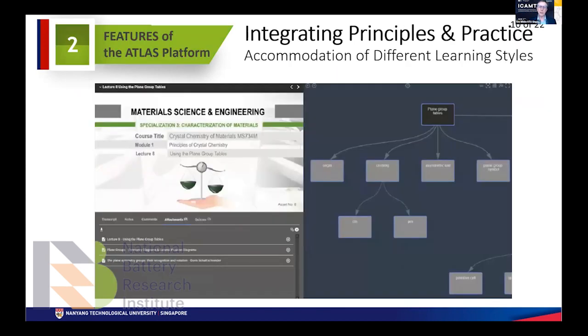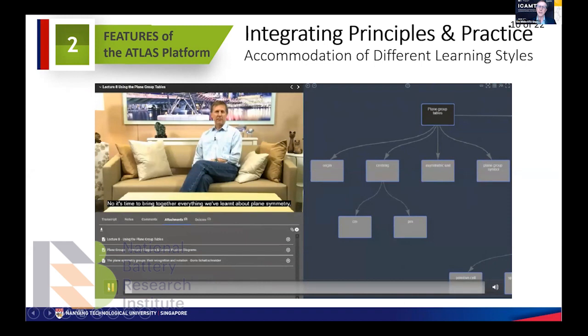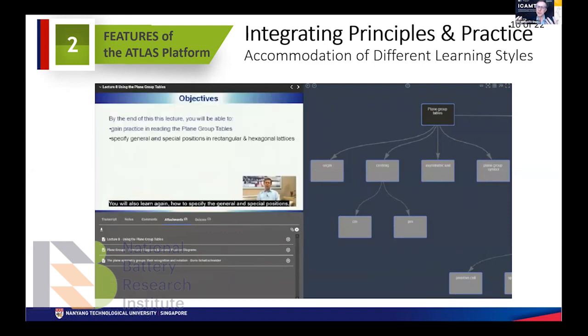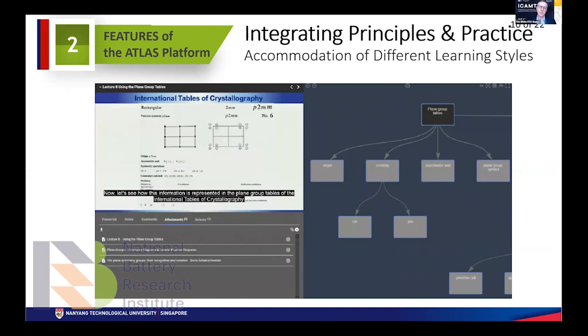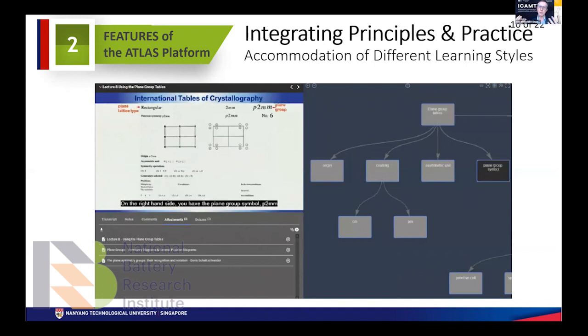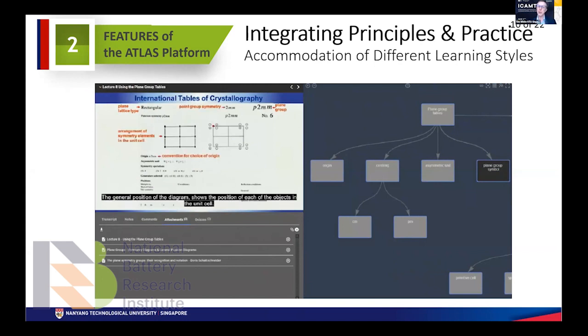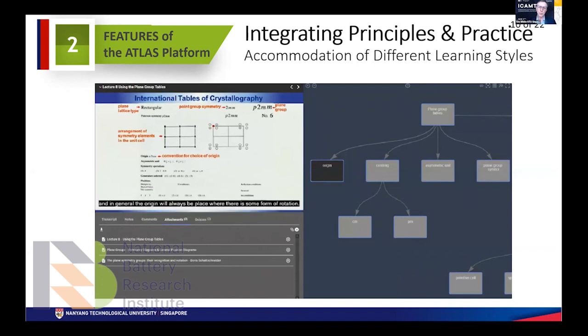Now, I'll show you a little bit about how the Atlas platform works, and this is a very much speeded up video, but I just want to show you some of the features that make it accessible to our student cohort. The first thing, if we focus on the left-hand side of the screen, is that all of the videos are closed captioned. For many of our students, they're working in English as a second language, and having the closed captioning can be very useful to them.